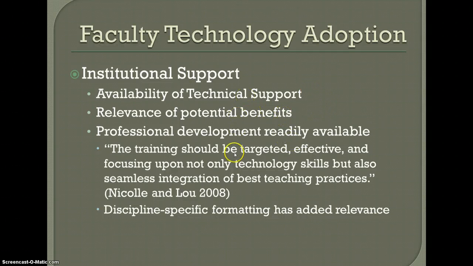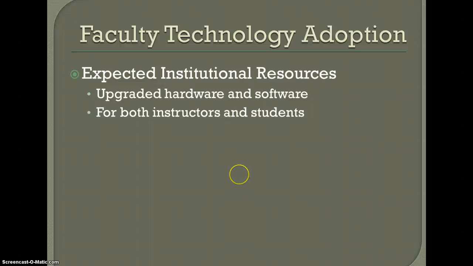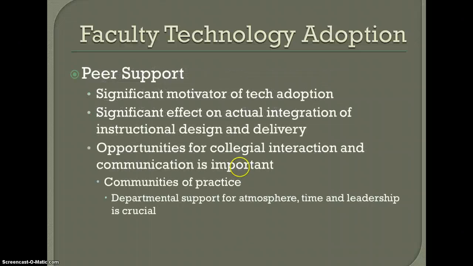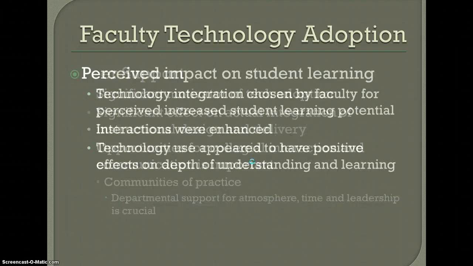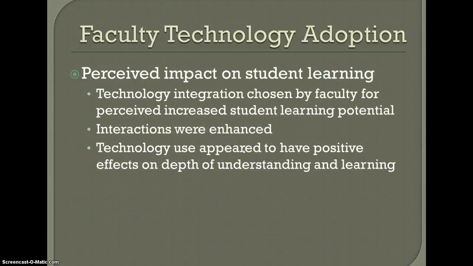The professional development should be on demand and targeted on best practice teaching skills. And also, a big thing was that it was discipline specific. And then obviously the resources, and that there is peer support through a collegial community of practice. That was the most effective.